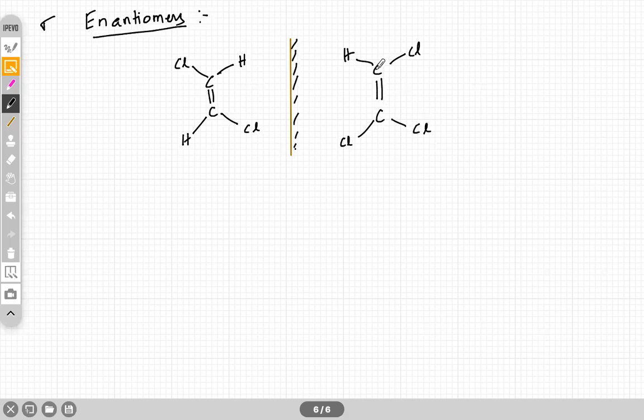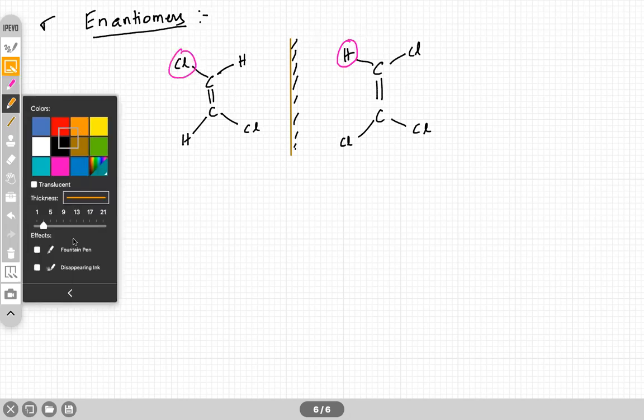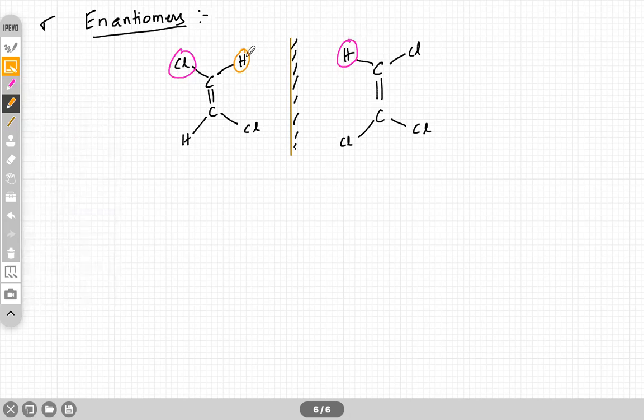Now, if you want to place this molecule over this molecule, obviously this hydrogen comes over this chlorine, and above this hydrogen we have this chlorine atom. Because superimposable means what? When one molecule is placed over another molecule, both molecules look similar, like one single molecule, identical, right?